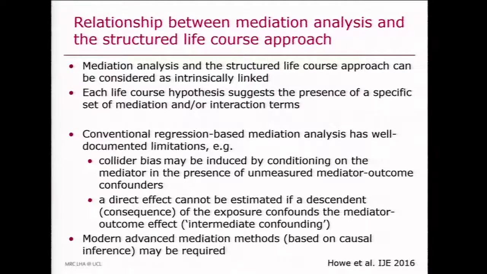Of course, conventional regression-based mediation analysis, which this is based on, has well-documented limitations, collider bias and intermediate confounding, so we're more and more thinking about using the more advanced mediation methods, which are based on causal inference.